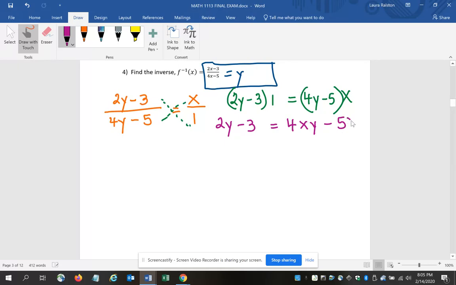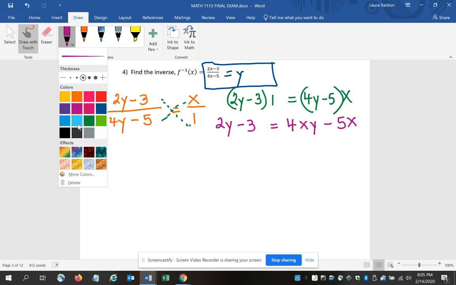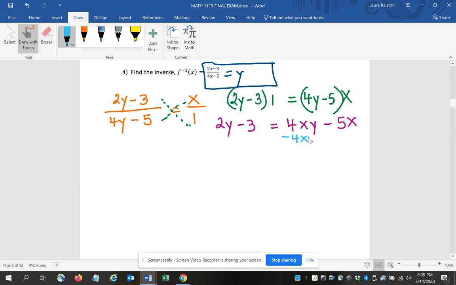4xy minus 5x. Then I notice I have pieces that have y's on both sides, and I want to get them together using the basic rules for combining terms. So I'm going to subtract 4xy from both sides, so that I have 2y minus 4xy minus 3 equals minus 5x.